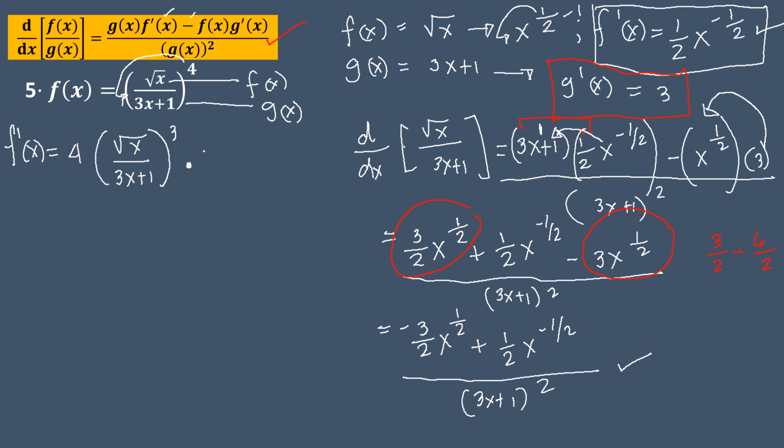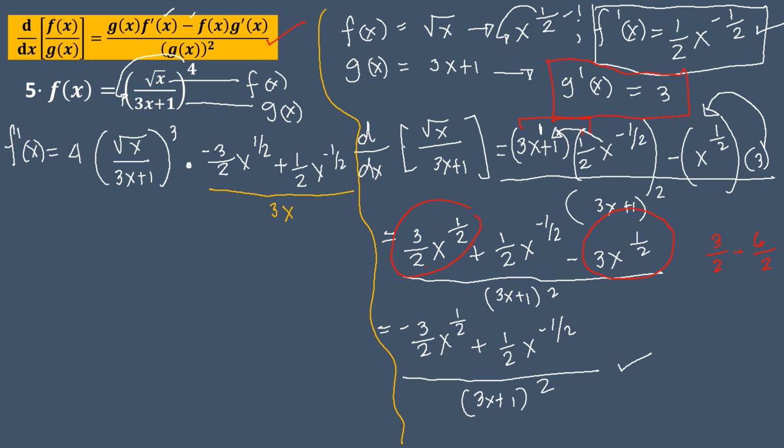So we have negative 3 halves x to the 1 half, plus 1 half x to the negative 1 half, and this is still over 3x plus 1 to the power of 2.